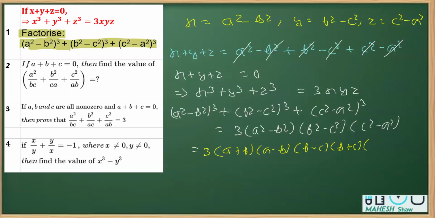And finally c square minus a square as c minus a into c plus a. So this is the factorized form of this question. So whenever you find the cube of the sum of 3 terms, figure out if the sum of these 3 terms is 0. In that case, we apply this identity.